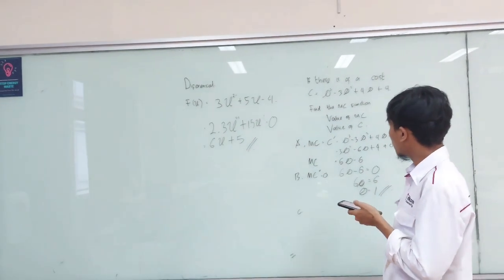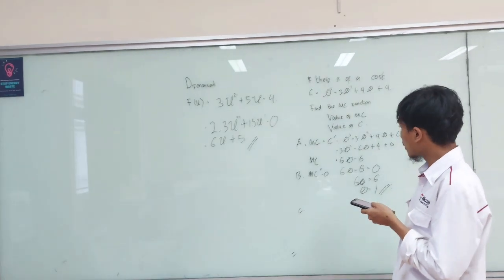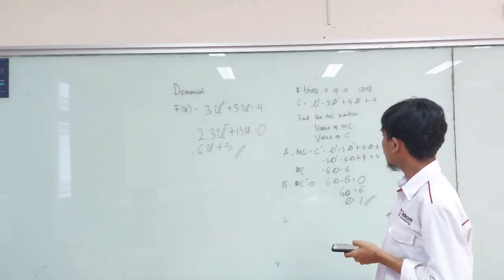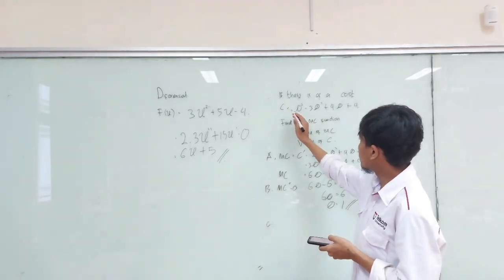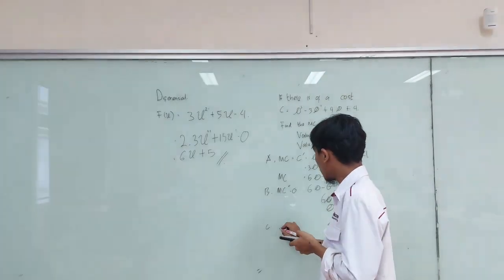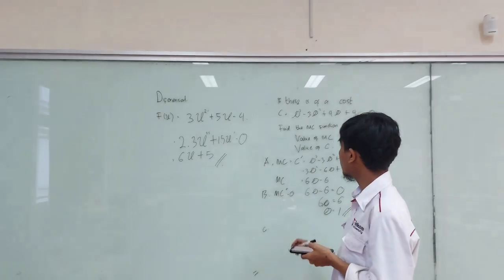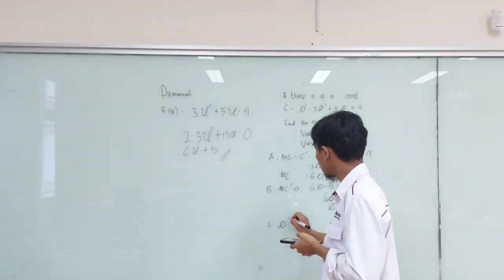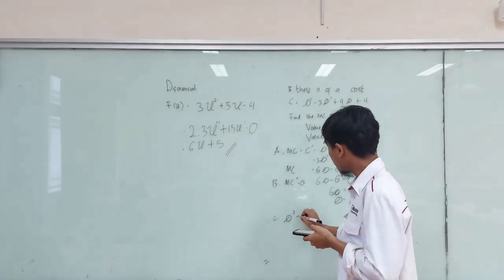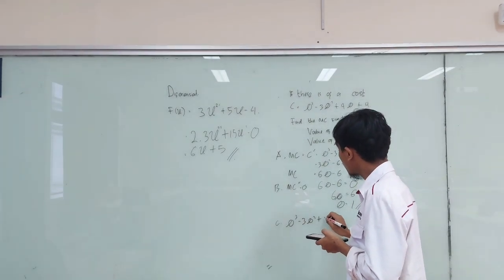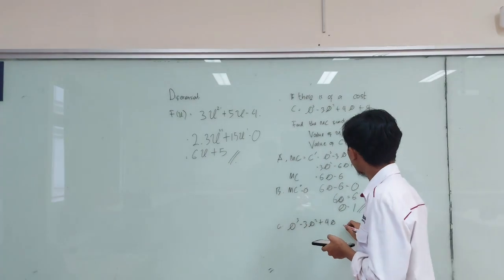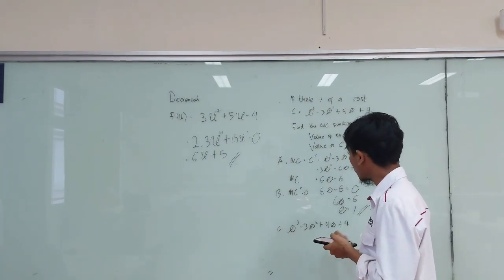And the third, find the value of C. Okay, C meaning is we just need to substitute it. Q P mean 3q squared plus 4q plus 4.